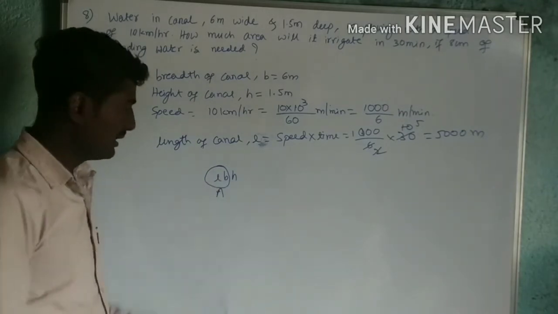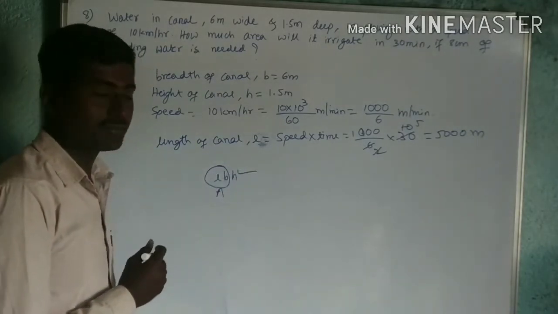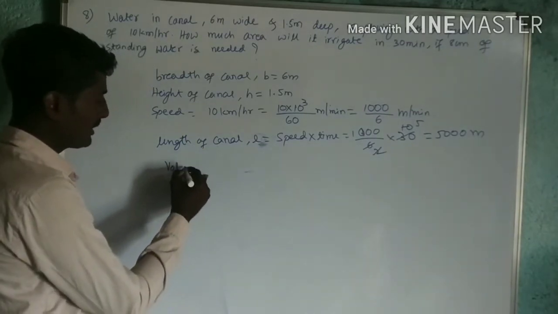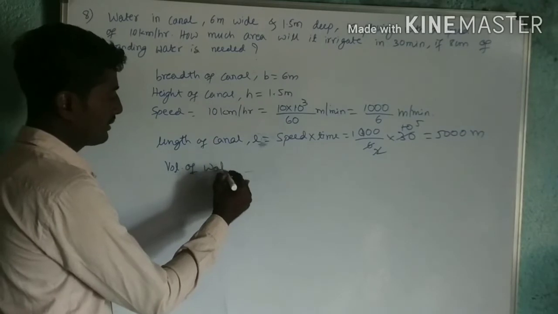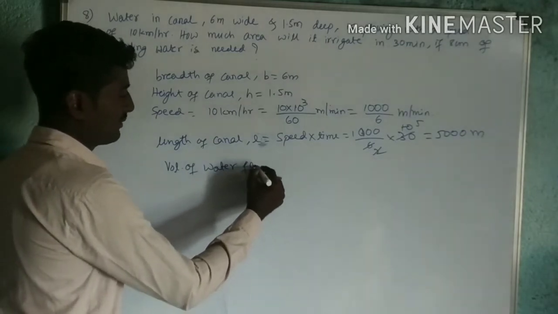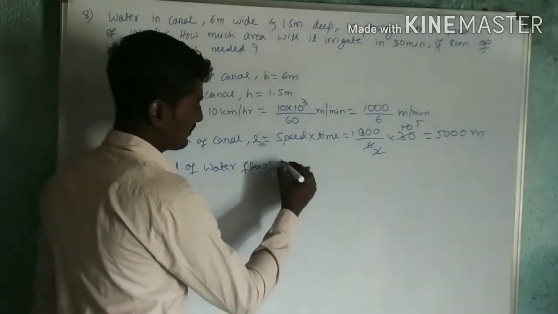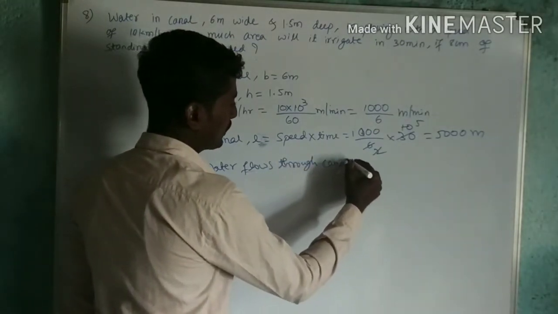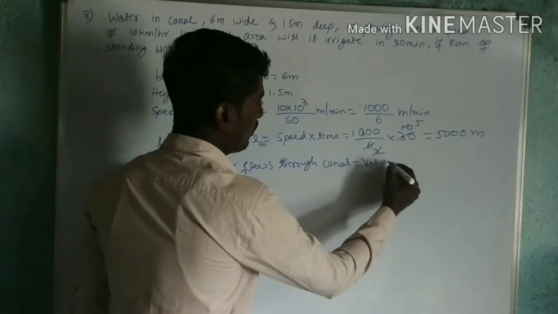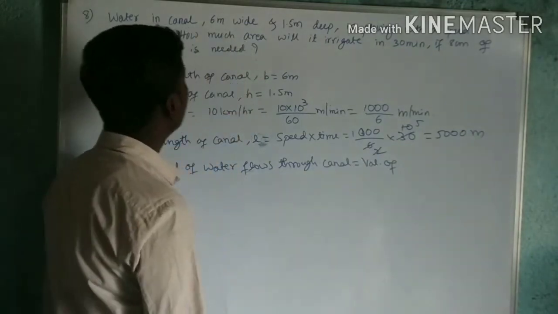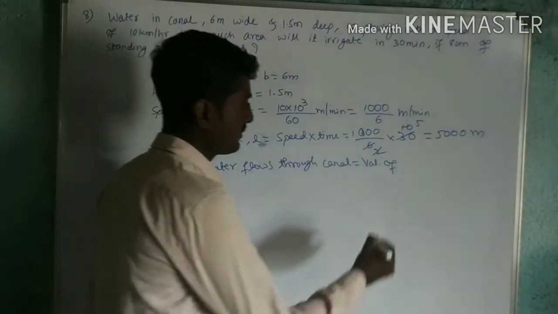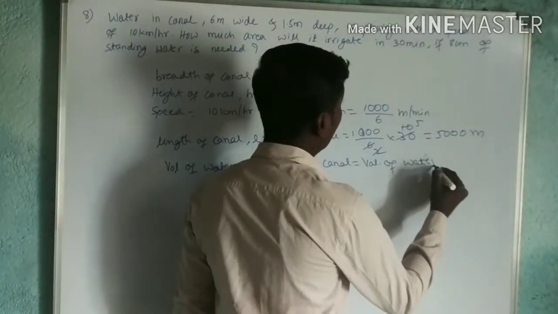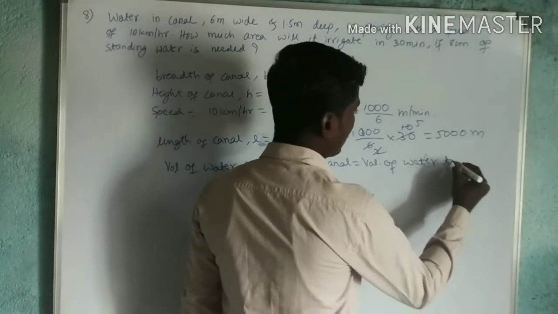Then this is the height, H. So now I'll write: volume of water that flows through the canal is equal to the volume of water to irrigate.